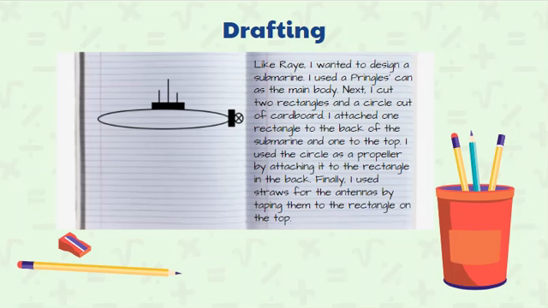I used the circle as a propeller by attaching it to the rectangle in the back. Finally, I used straws for the antennas by taping them to the rectangle on the top." You could encourage students to include their sketch along with their paragraph. They might have time to start this on day 1. If not, encourage them to draft their process before they return for day 2.